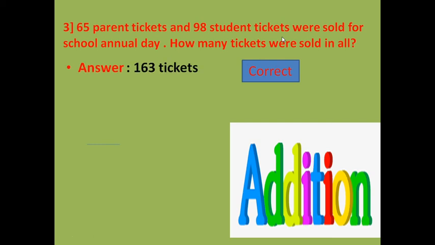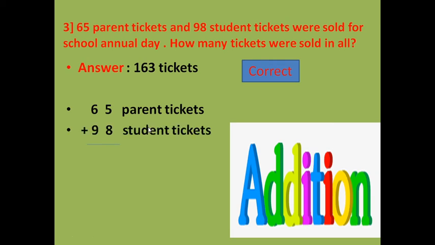This is the information we have, and the word "and" means we will add. I write the information, this is the second step, and I decide what I will do. Here I will add.